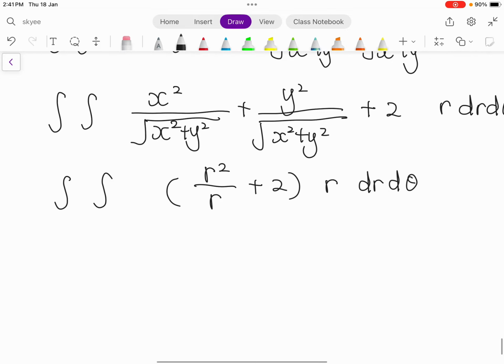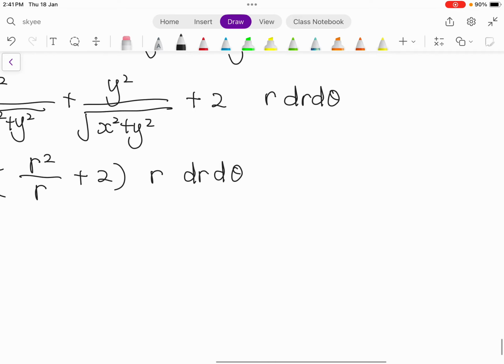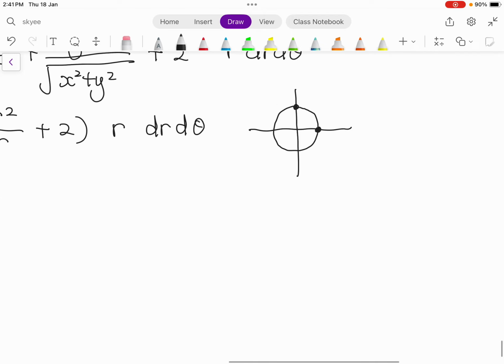Now a very important thing is we have to define the interval for r and also theta. Like I mentioned just now, you will see a circle, so theta for the circle is definitely from 0 to 2 pi. If you want to know what r is, you have to start from the equation of the cone.